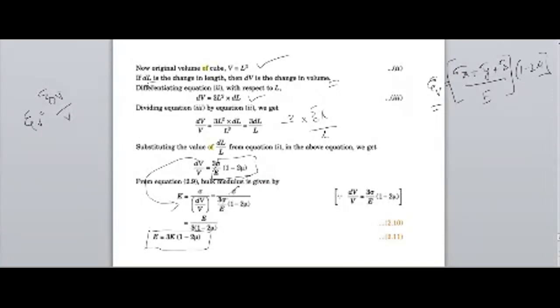In this problem, sigma x is equal to sigma y, which is also equal to sigma z. Therefore, I can write it as 3 sigma by E into 1 minus 2 mu.